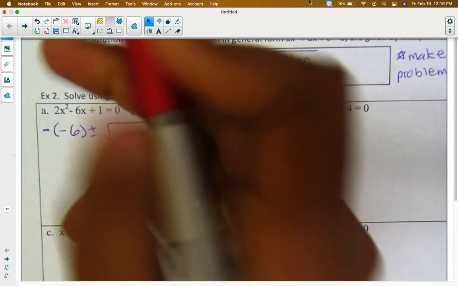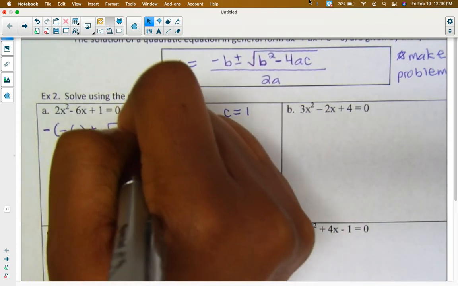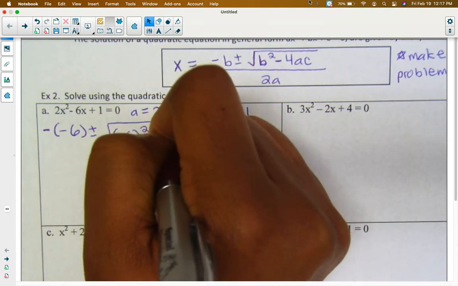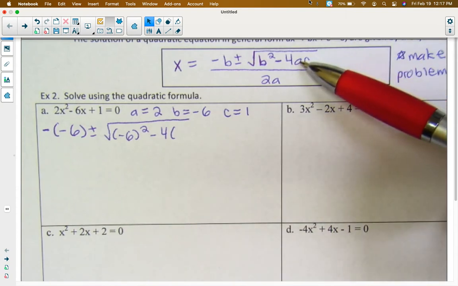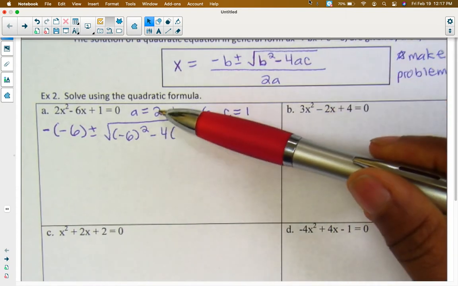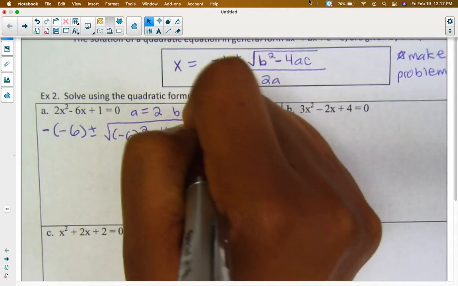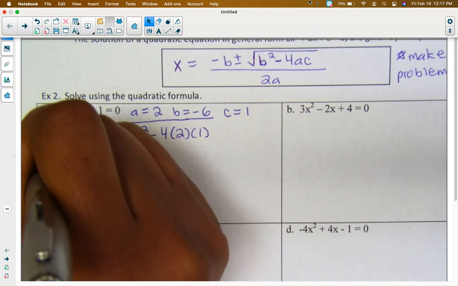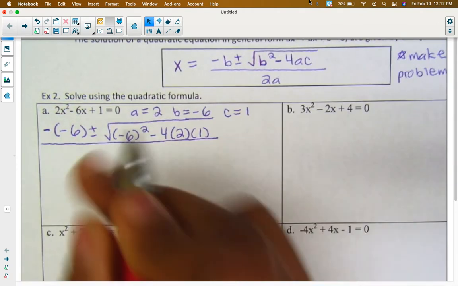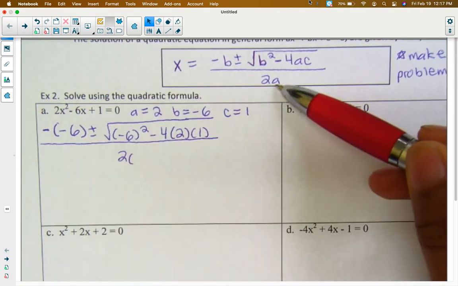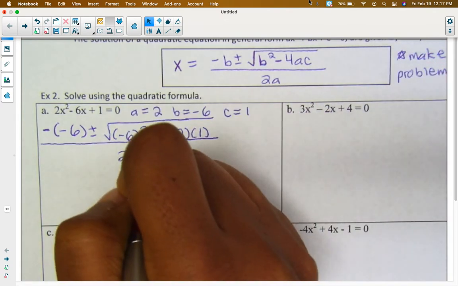B is negative 6, so I'm going to put that in parentheses. Minus 4. Next, it says to do a times c. A is 2, c is 1. And this is all over 2, and a is the number 2.